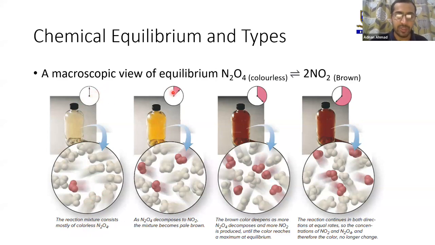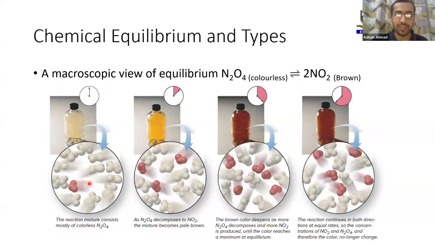As the time starts, when we start the reaction, the N2O4 decomposes to NO2, and the mixture becomes pale brown. Here you can see that the nitrogen dioxide molecules have started appearing.